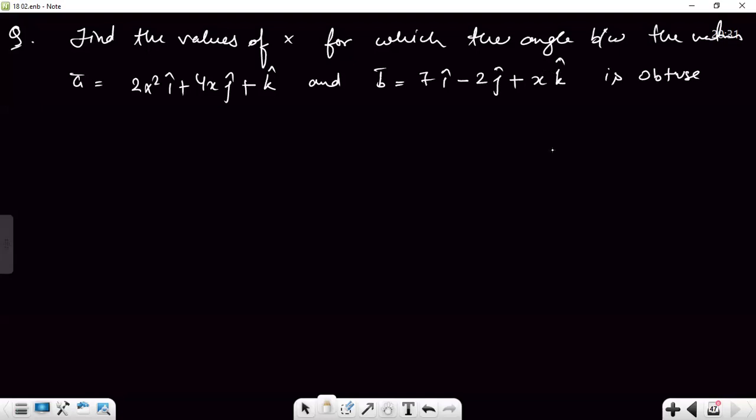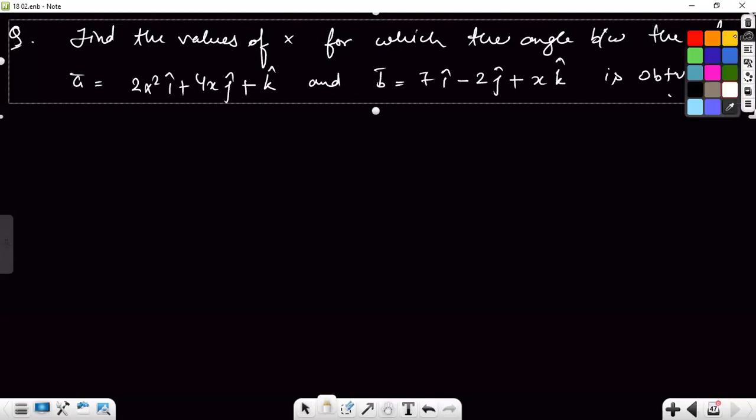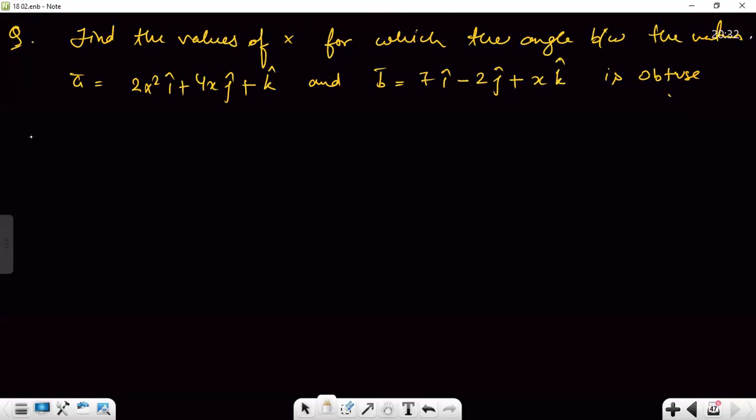So we know what an obtuse angle is. Obtuse angle is the angle lying between 90 to 180 degrees. So we have both of the vectors.